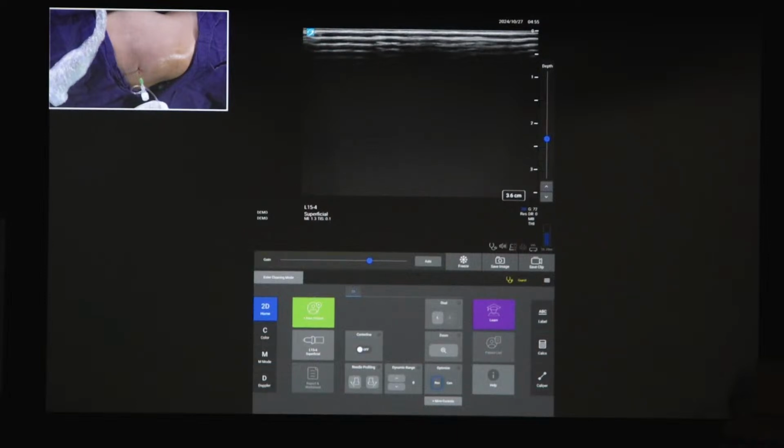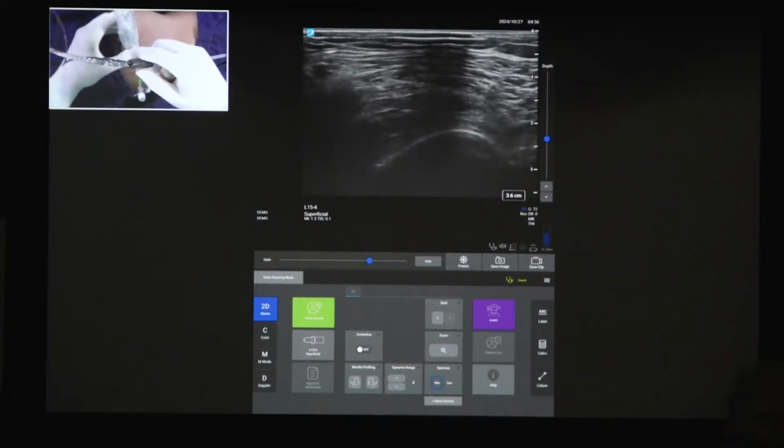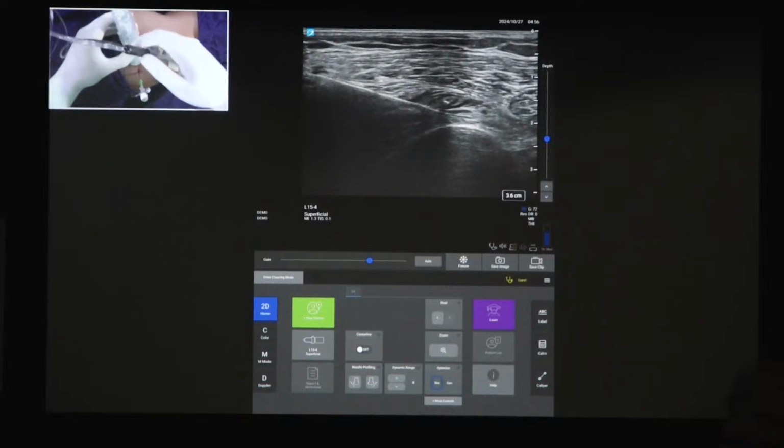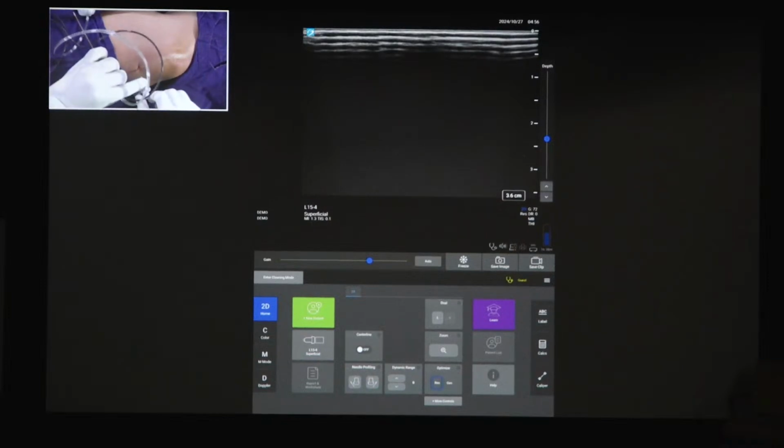I'm giving about 1 ml of local anesthetic. And I'm just going to connect the electrode now. I'm just going to remove the cannula and place the electrode.